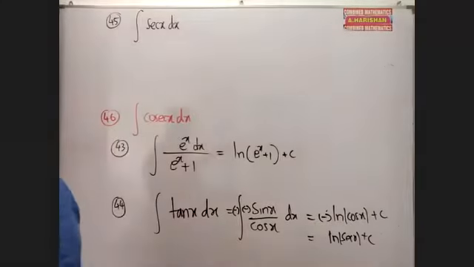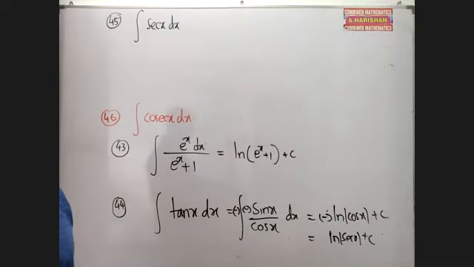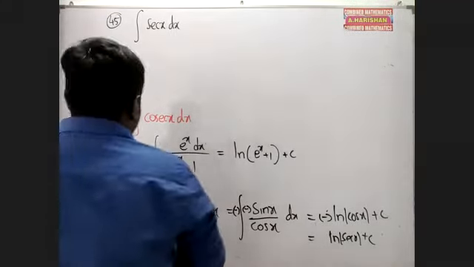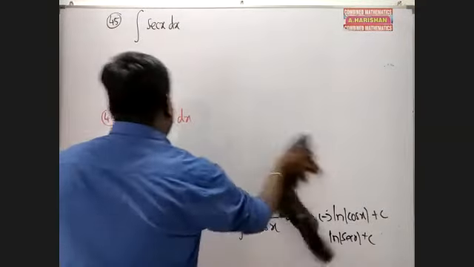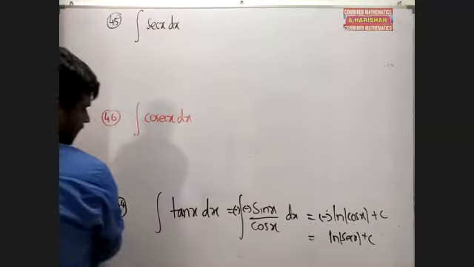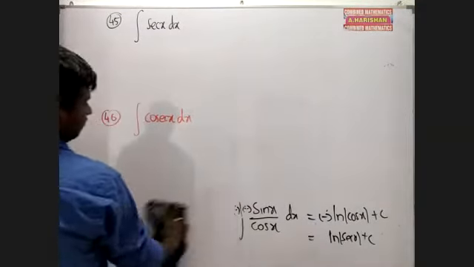Okay, so we'll do this continuously. Right, cosec x, 43, I erased that one, and I erased the last part also.